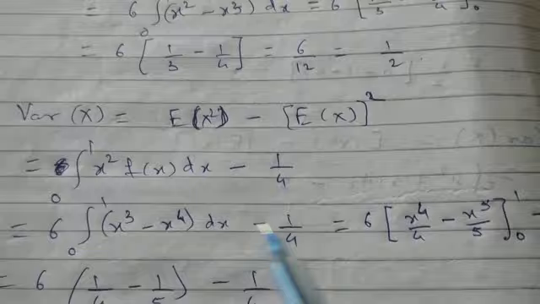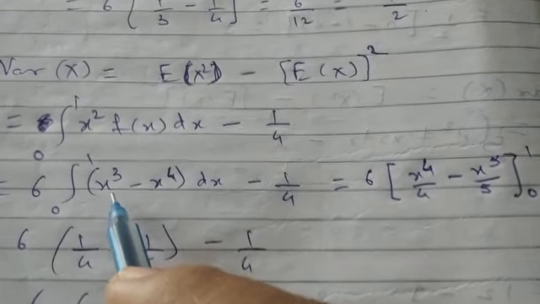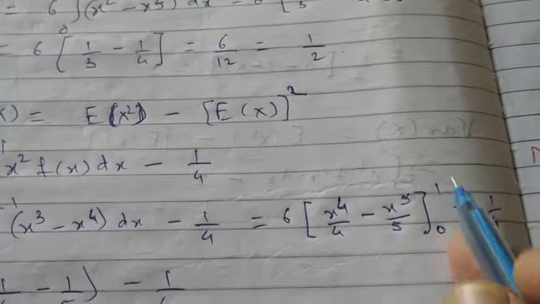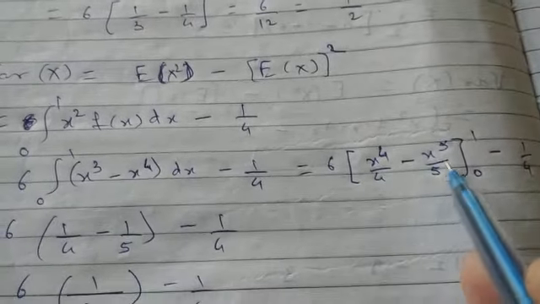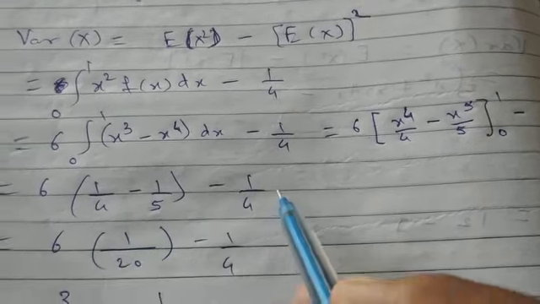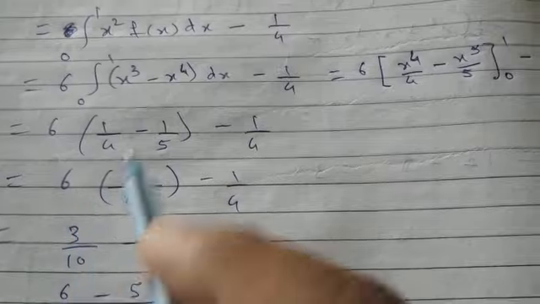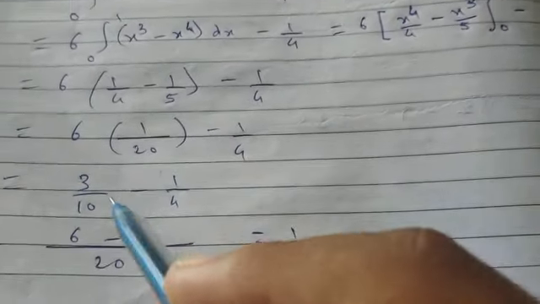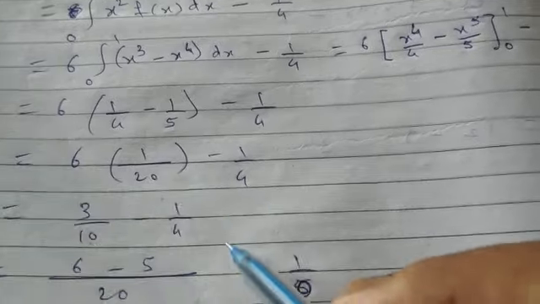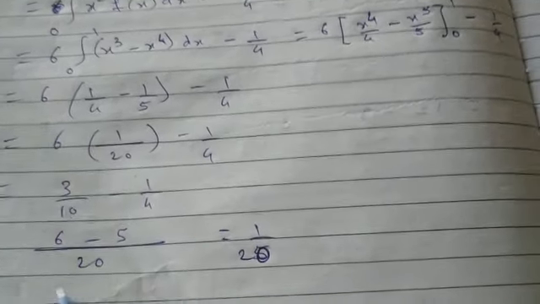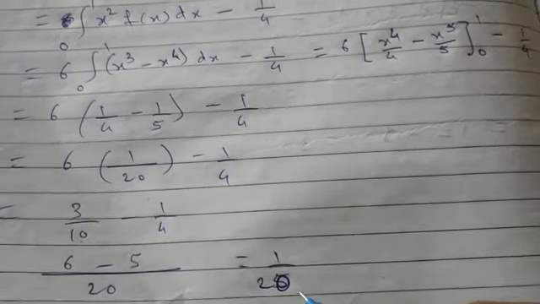So this is 6 into integration of x cube gives x raised to 4 by 4 minus x raised to 5 by 5. Limits are from 0 to 1, minus 1 by 4. So this is 6 into 1 by 4 minus 1 by 5, the lower limit is 0, minus 1 by 4. So this is 6 into 1 by 20, which is 3 by 10 minus 1 by 4. So clearing the denominator, taking the cross multiplication, the answer is 1 by 20.